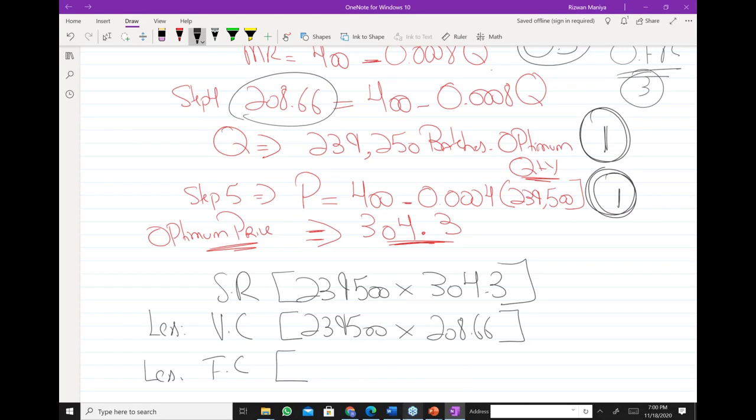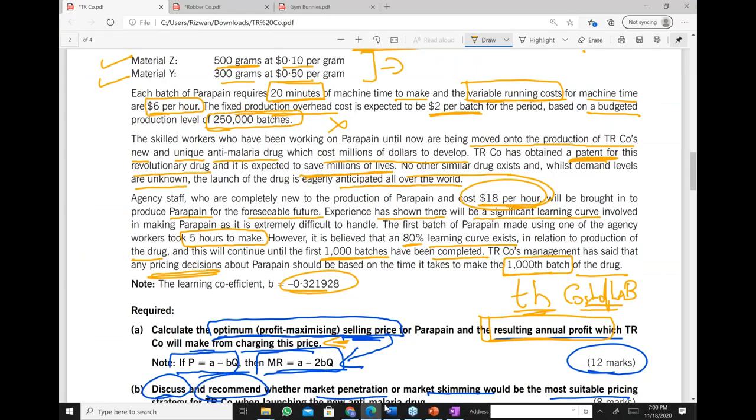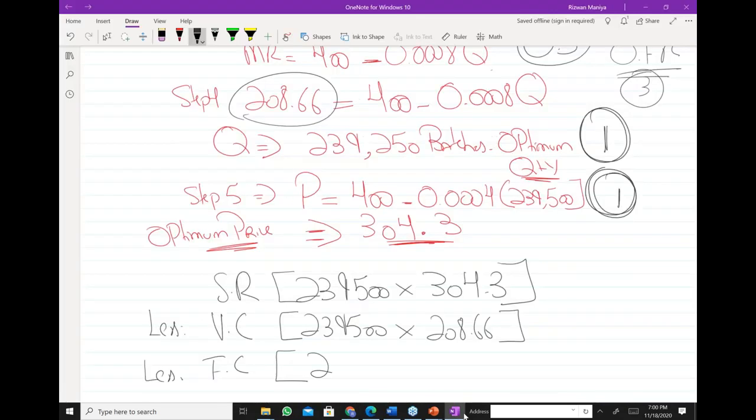For that, you need to go to the question again and check. 2 per batch based on 250,000 batches. So 2 multiplied by 250,000 batches.